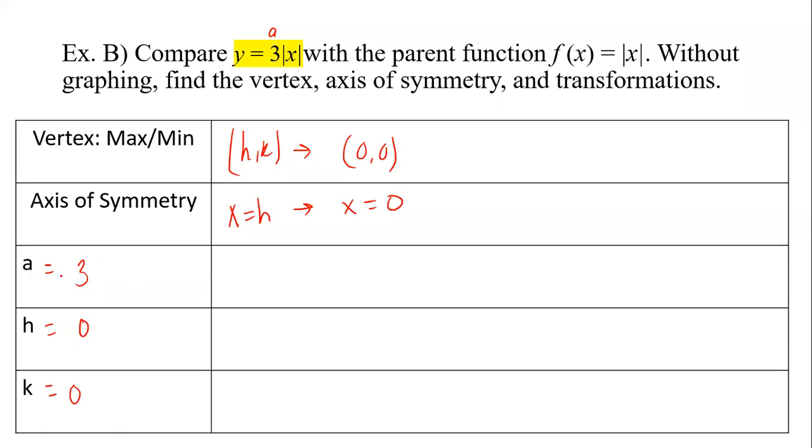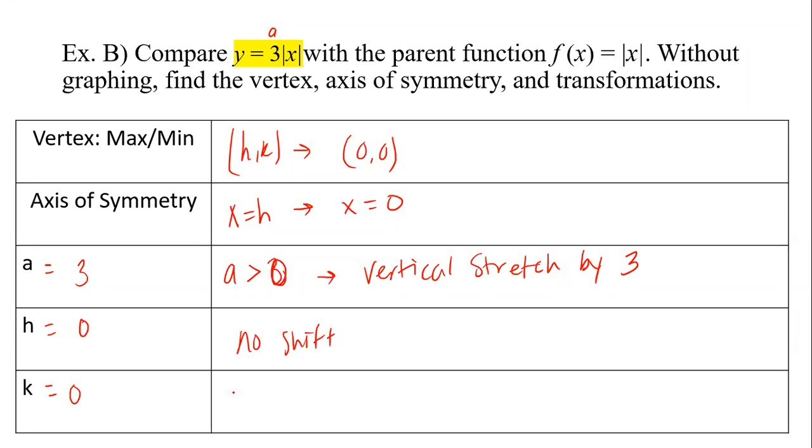And this time, my A is changed. And so since A is greater than 0, that means that we have a vertical stretch by 3. And since H and K are both 0, there is no shift.